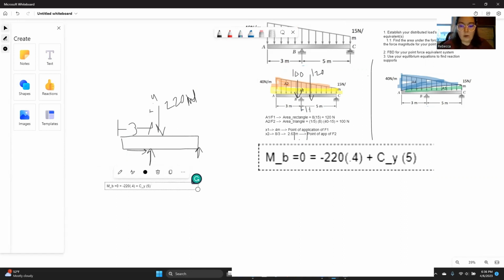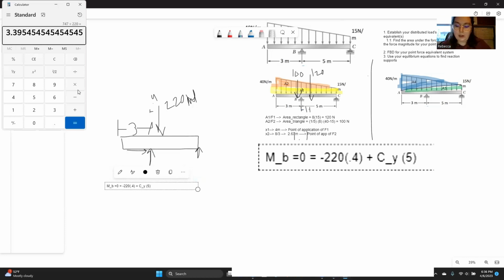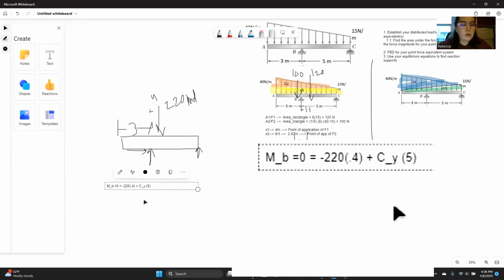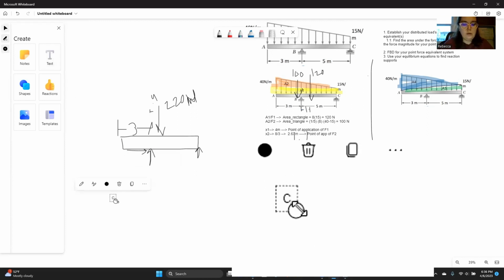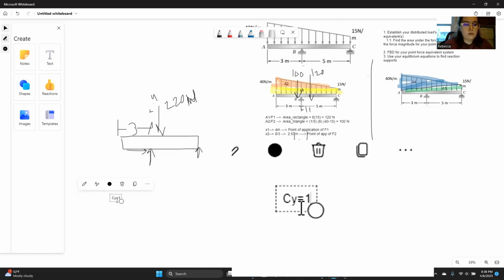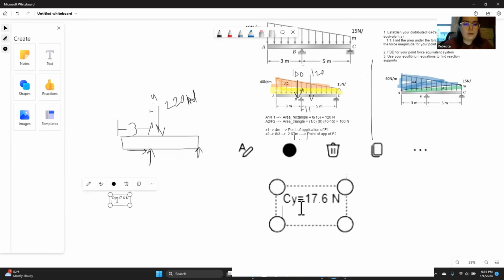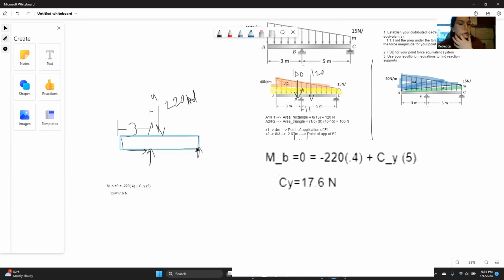So then we can solve for Cy being 220 times 0.4 divided by 5, 17.6. So Cy equals 17.6 newtons.